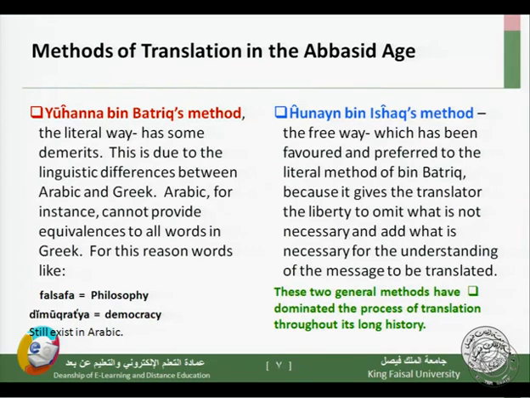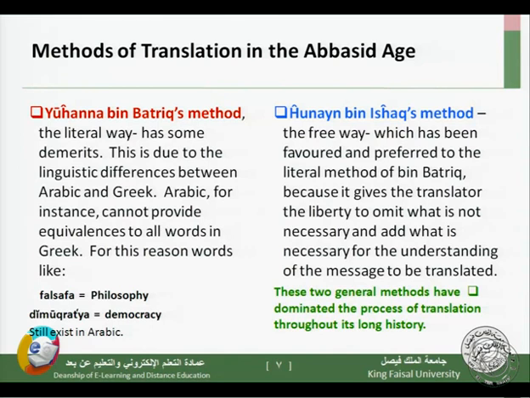Because this gives the translator the liberty to omit what is not necessary and to add what is necessary, to enable the reader to understand the message to be translated.